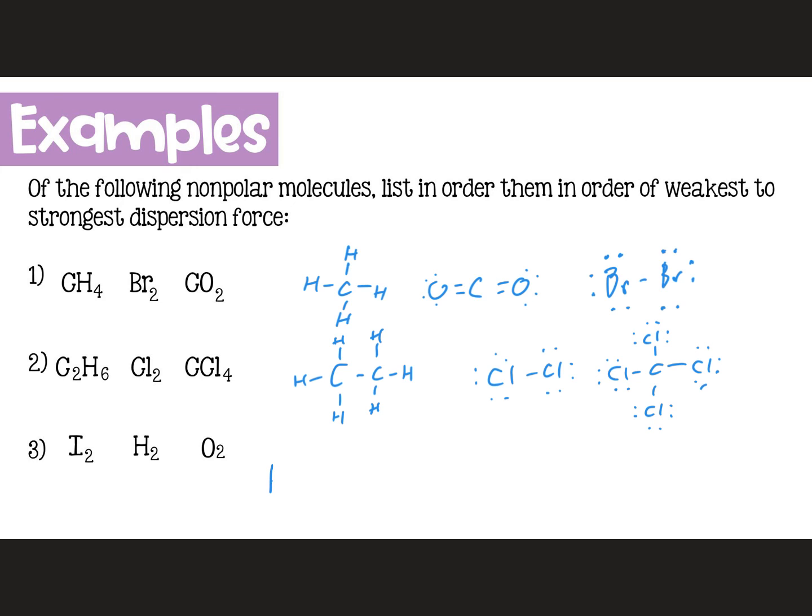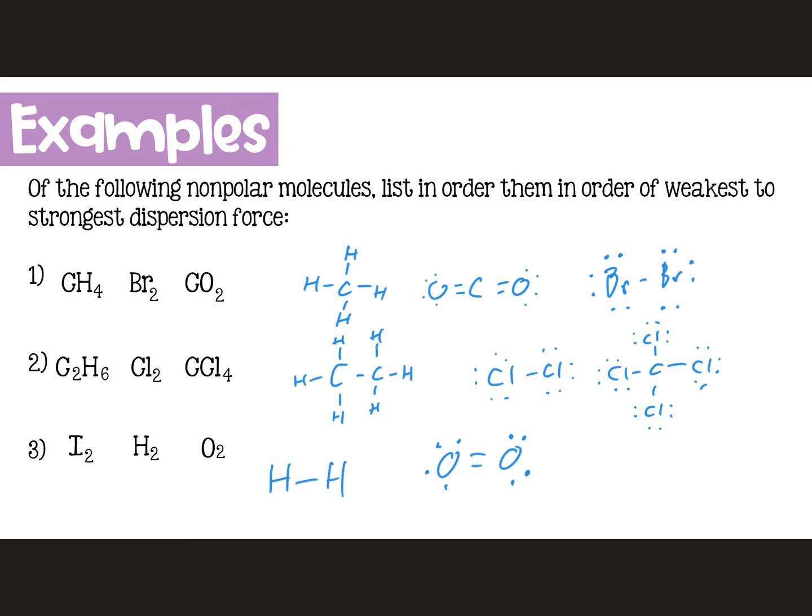Now, let's look at number 3. We already know that hydrogen can only have 2 electrons, so its dispersion force is very weak. There's not many places those 2 electrons can go. They're kind of trapped between the hydrogens. However, oxygen, or O2, has 6 valence electrons, and 4 of these are going to be part of lone pairs.